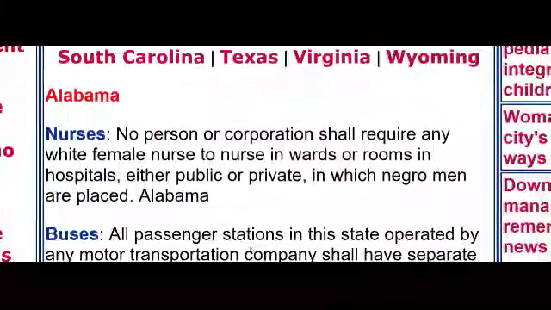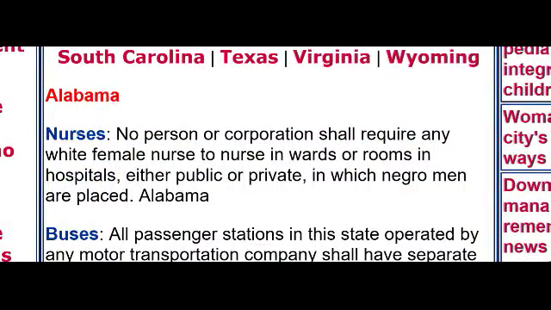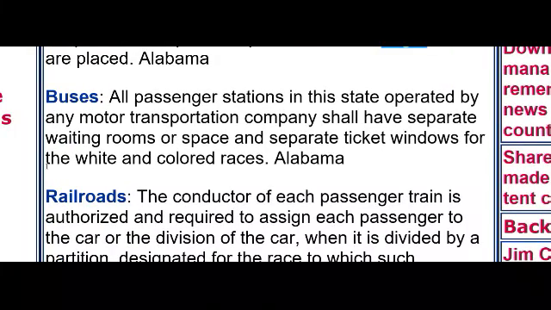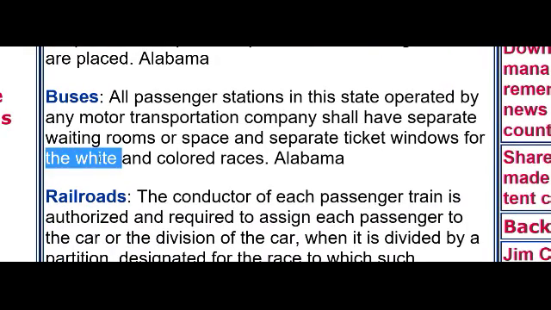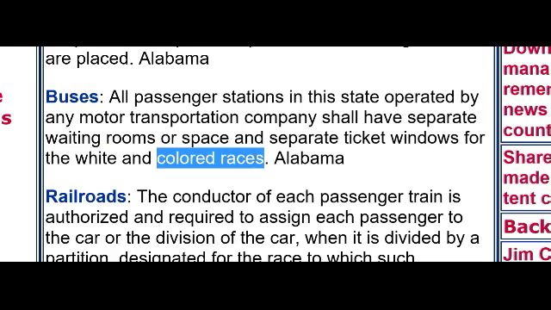Jim Crow was all about separating, watch this, nurses. No citizen female has got a nurse in wards or rooms in hospitals, public or private, in which the non-citizen men are placed. Whites, the citizens, get separate ticket windows than the non-citizens.